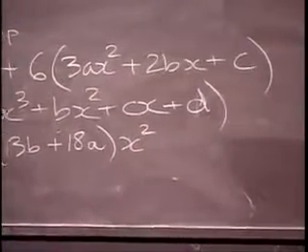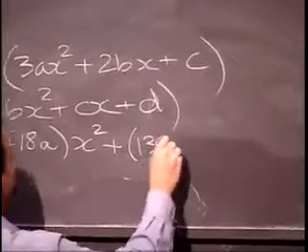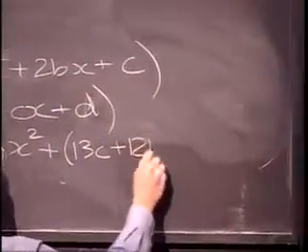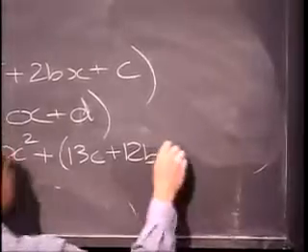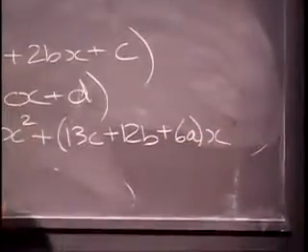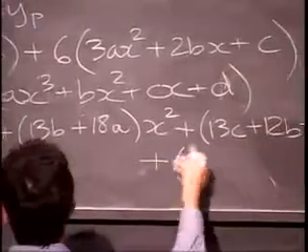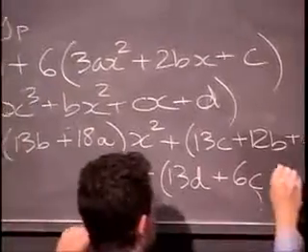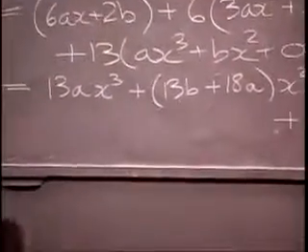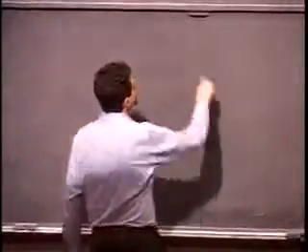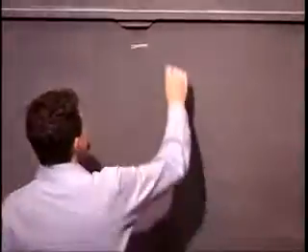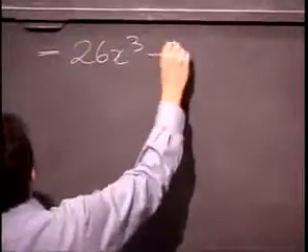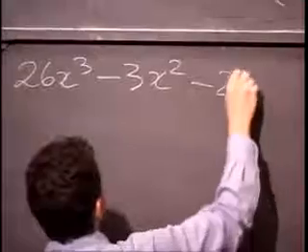The x term, I will have a 13c from the bottom line, a 12b from up here, and a 6a from over there. And finally, the constant term is 13d plus 6c plus 2b. So that is just an expansion and a contraction all in one go. Hopefully I didn't make too many mistakes. And this is supposedly equal to 26x cubed minus 3x squared minus 24x according to the problem.